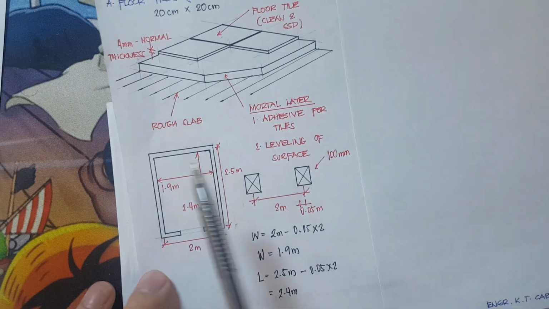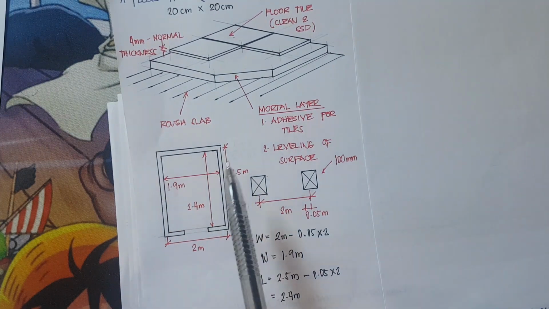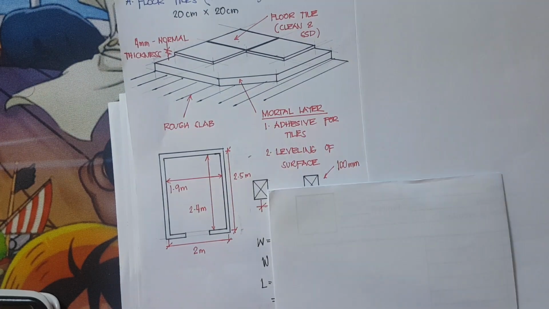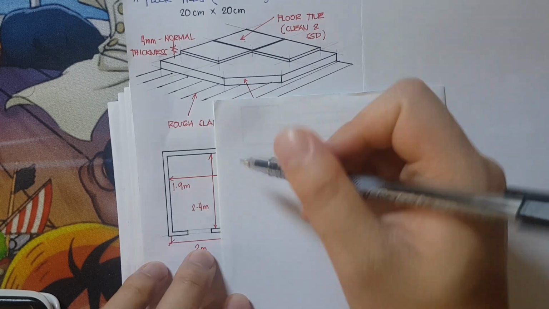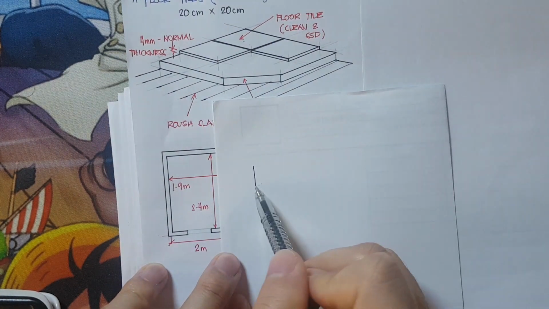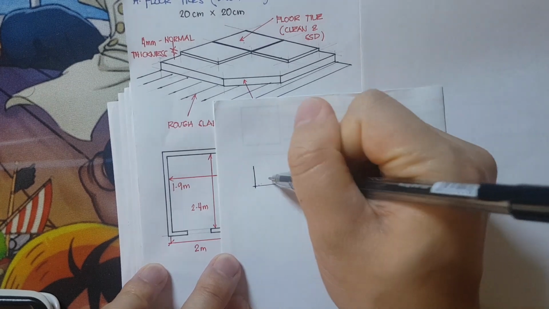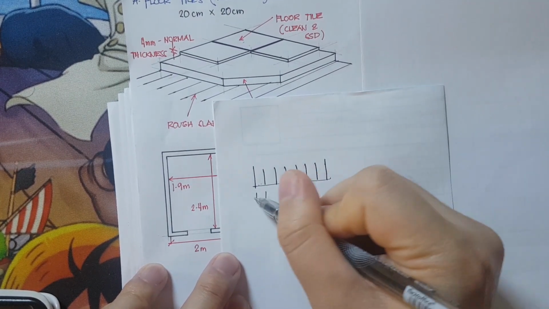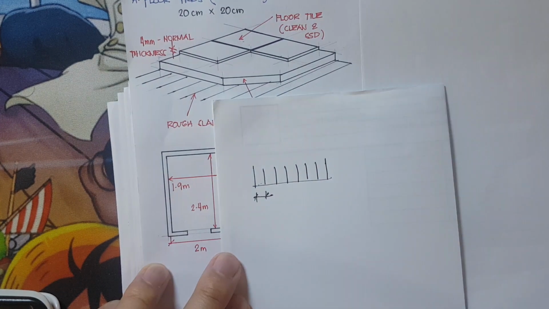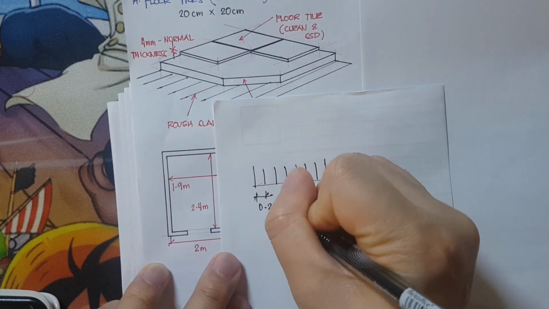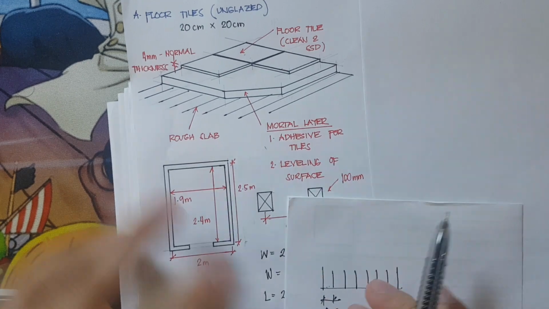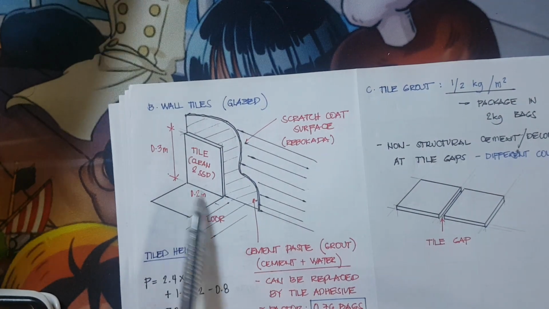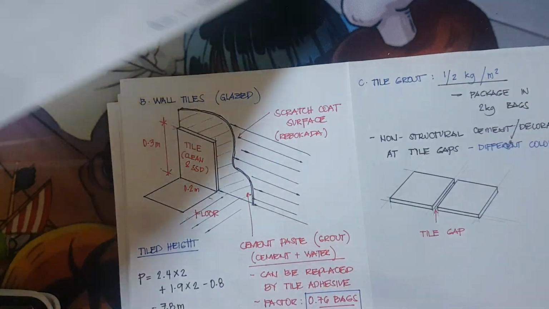But before we use that, we need to check first. Here, our width is 1.9 meters. For the 1.9 meters, we need to check how many 0.2 tiles will fit. Take note, that is the width of the tile, and the height is 0.3.